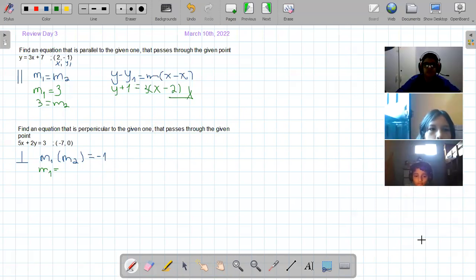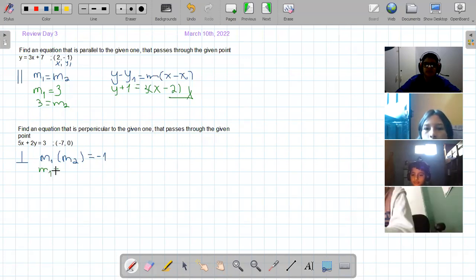We should find the slope, but how do I find it? With the slope method? Okay, how would that go?